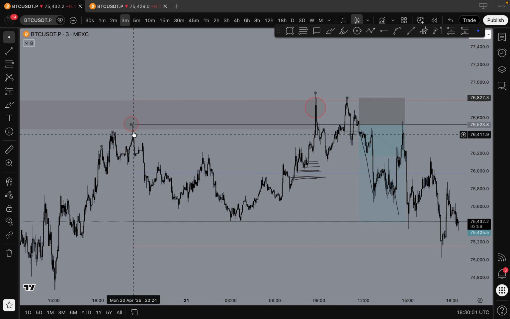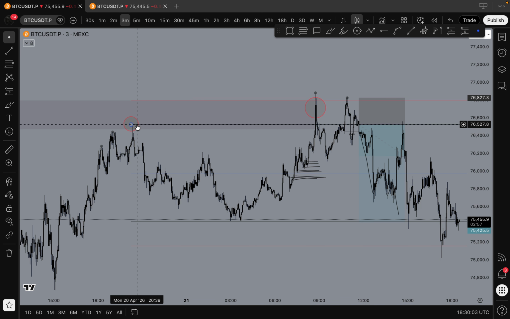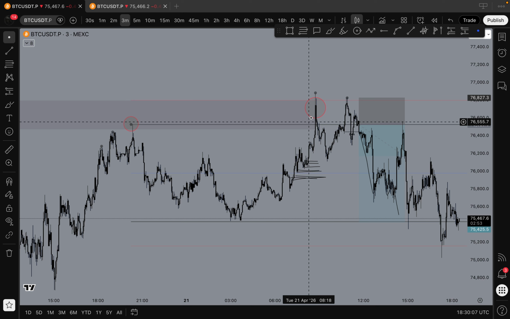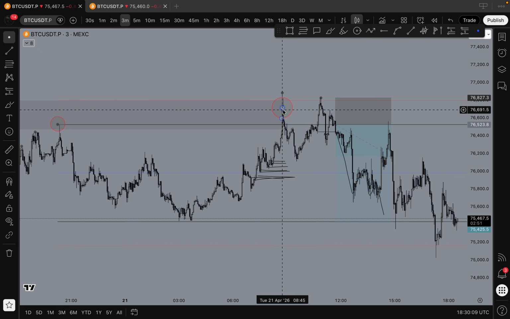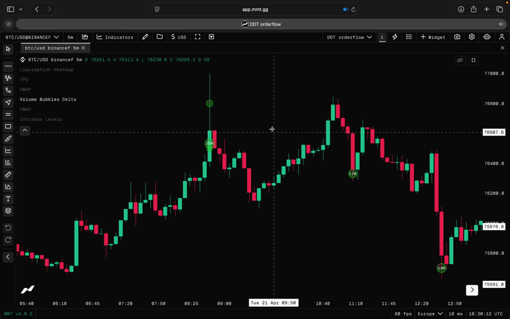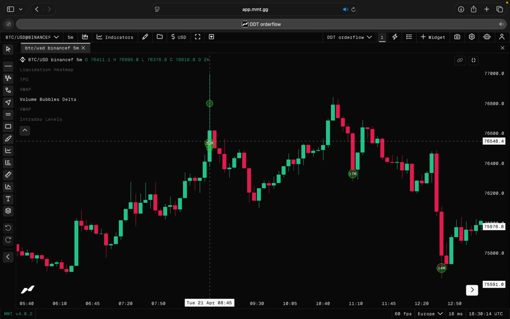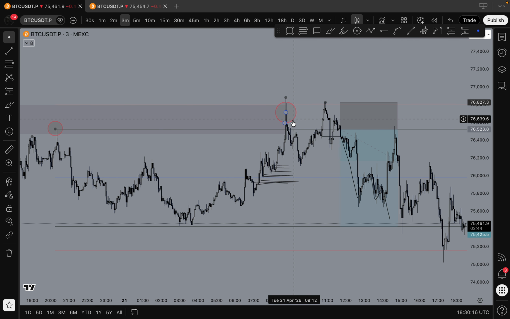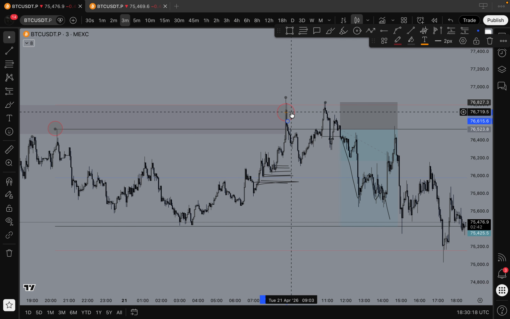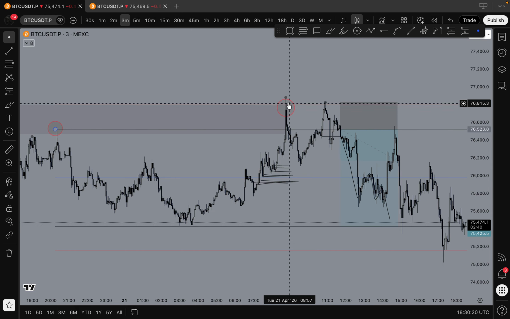Okay, so I was basically telling, like, this was the local distribution first. Then this was where a lot of delta happened. This was the step 2, where a lot of aggressive buying came in, which is this level. And this is where the highs show that there's a lot of market buying, so you would expect price to go higher.